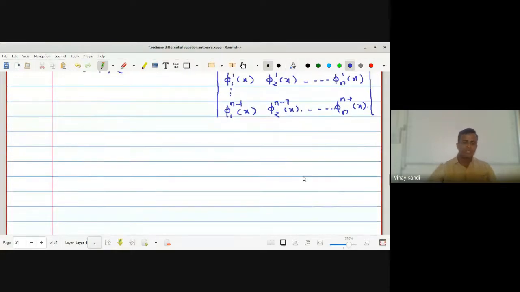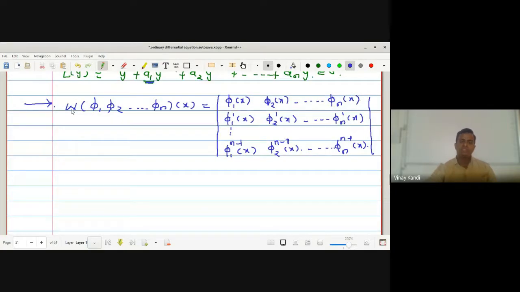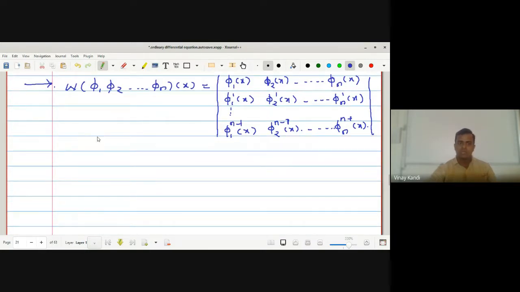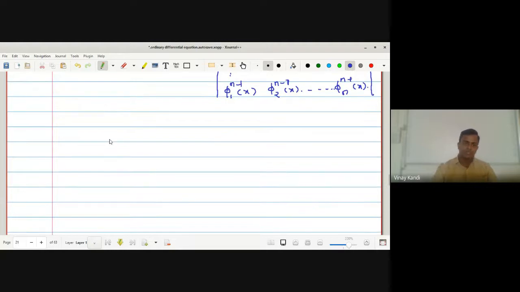Now differentiate with respect to x. We have to differentiate this Wronskian with respect to x row wise. Let us see how we differentiate a Wronskian. So first differentiate with respect to x row wise.